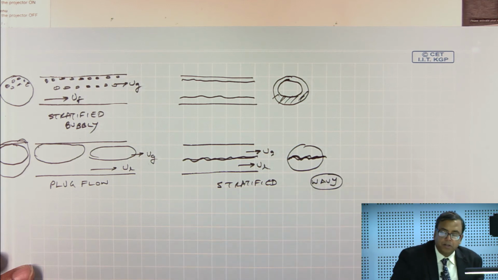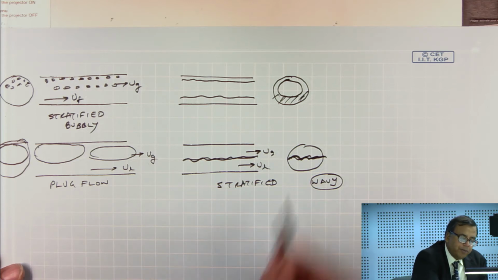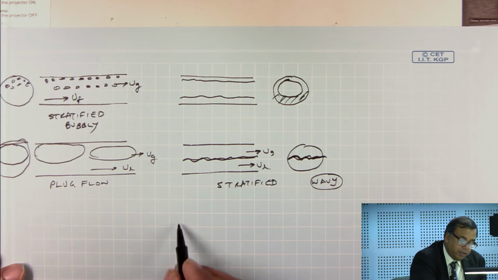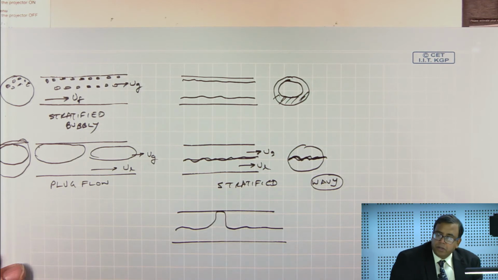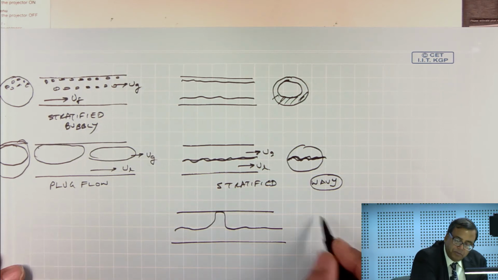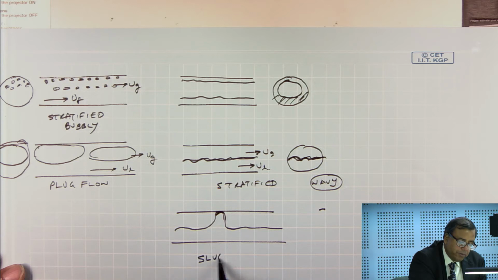When you have too high a wave, you can have wavy flow, and if these waves become too high, they might touch the opposite side of your tube. Okay, you can have a situation like this, that the sloshing went and touched the upper portion of your tube. It's going to be very periodic, very transient, and this is what is known as slug flow.